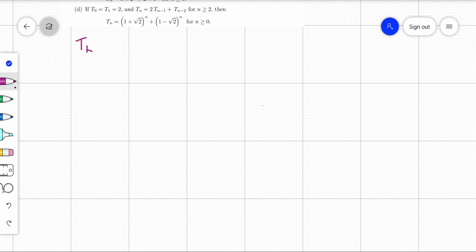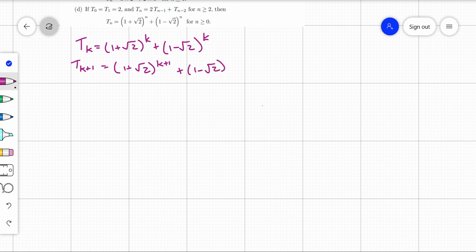So we're going to assume T of k is true, and also T of k plus 1 is true. And then we're going to prove true for our T of k plus 2, our next term.